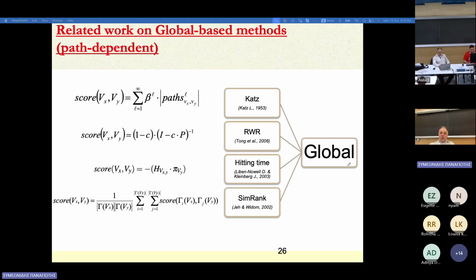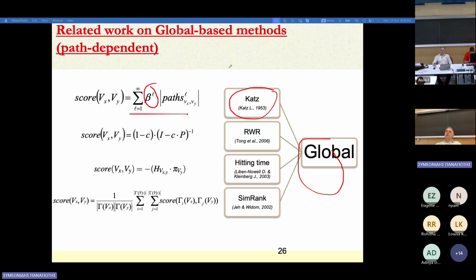However, there are also global metrics for inferring similarity in graphs, like the Katz status index. As you can see here, there is this beta.